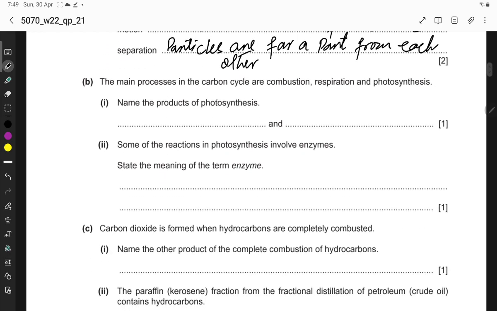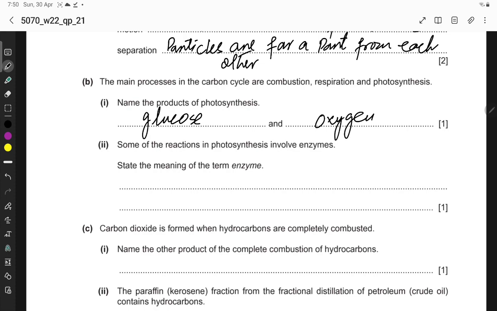The main processes in the carbon cycle are combustion, respiration, photosynthesis. Name the products of photosynthesis. Glucose and oxygen, sorry. Some of the reactions in photosynthesis involve enzymes.